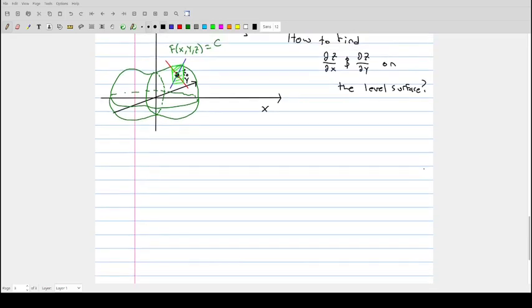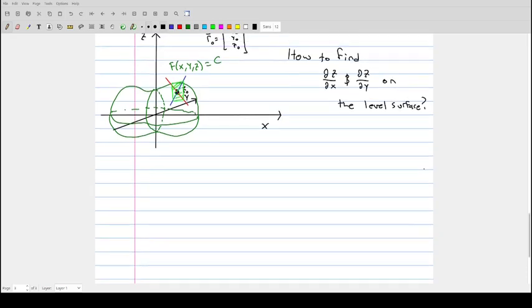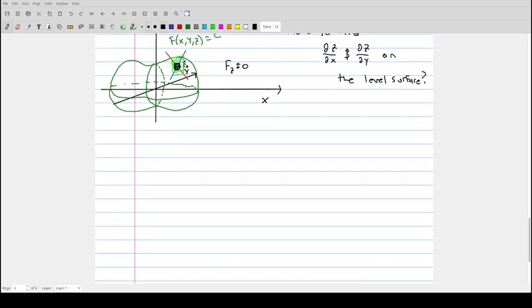We have that the implicit function theorem holds for multivariable functions, and specifically if you zoom in close enough around any point where the partial derivative of F with respect to z is non-zero, so around the point R naught, you can express z as a function of x and y.